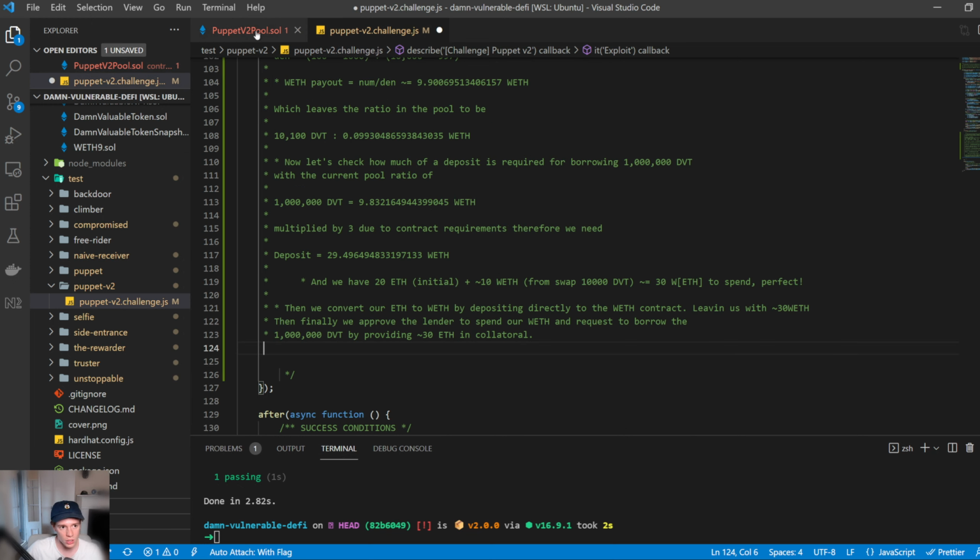This is the address that we want the value to go to, so we want the WETH to go back to our attacker address. And then the deadline: if this deadline has already passed, don't process this transaction. Cool. Okay, so after this, we want to log the balances of the attacker and the Uniswap exchange to see where it is at, to make sure it is in line with our calculations.